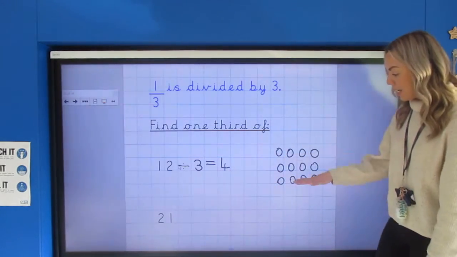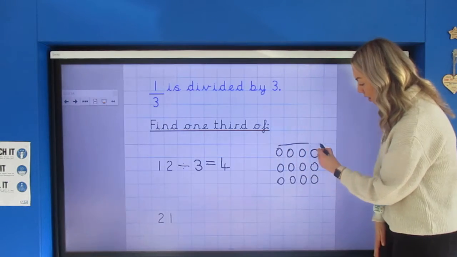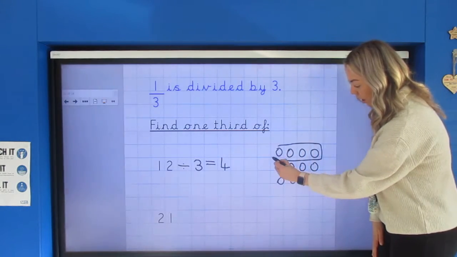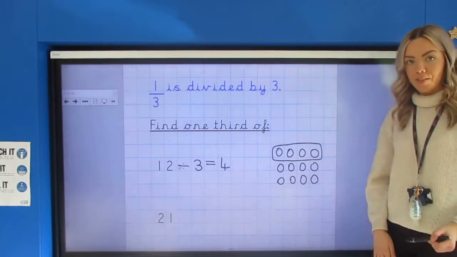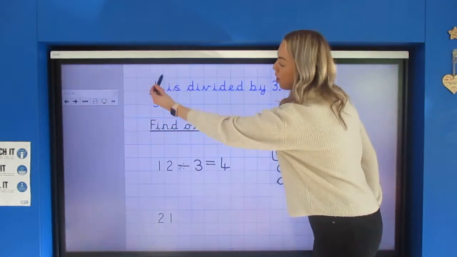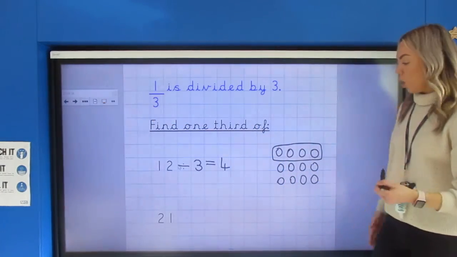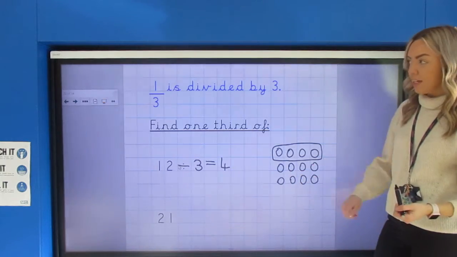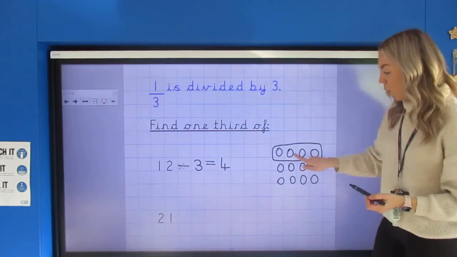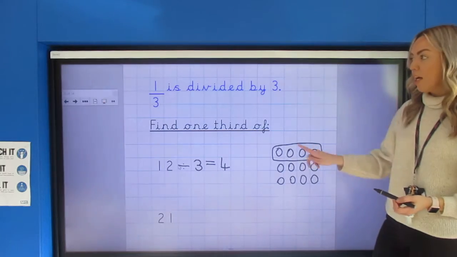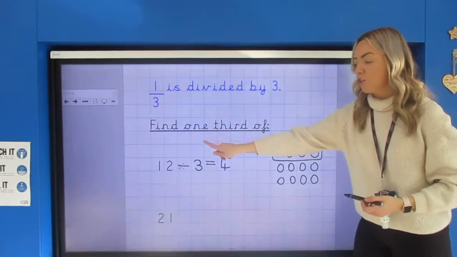And we can see now that I have got 1 group out of 3, haven't I? Which is what a third is. So 1 group out of 3 is a third, which means that 4, 1, 2, 3, 4, is 1/3 of 12.